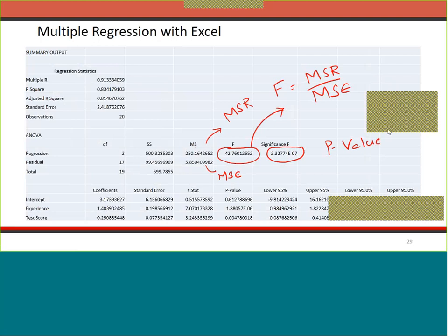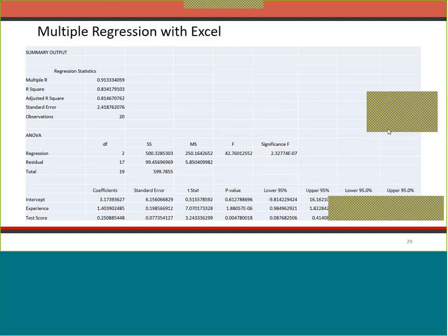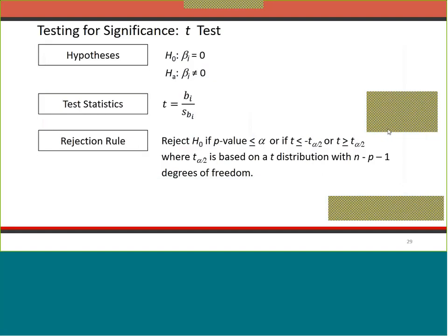So you get a p value also. Likewise, you can go for an F test for multiple regression. So what does multiple regression say? Is there any relationship between the dependent variable and all the independent variables? Correct?